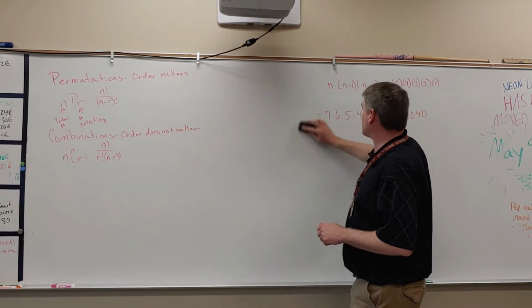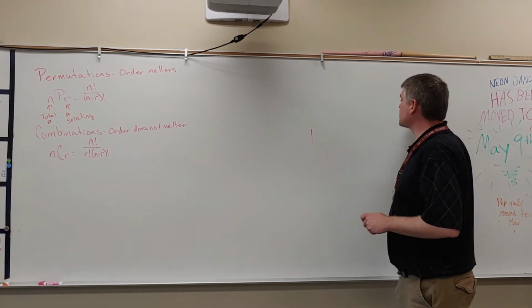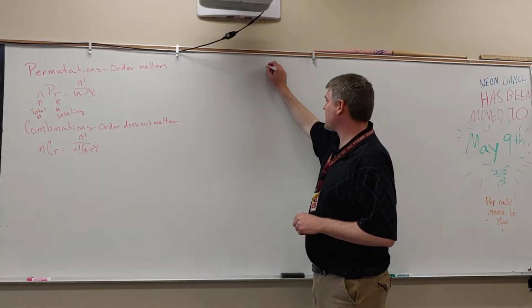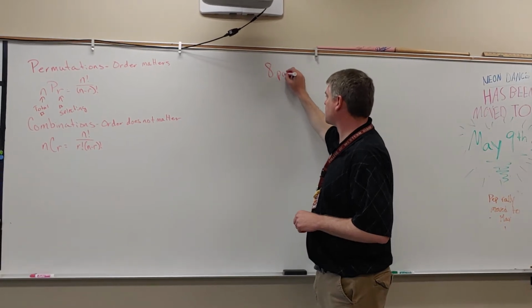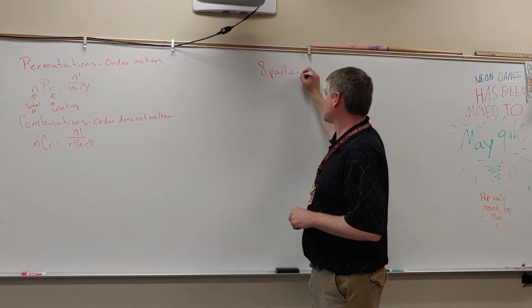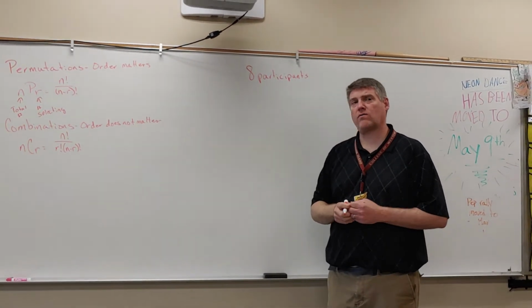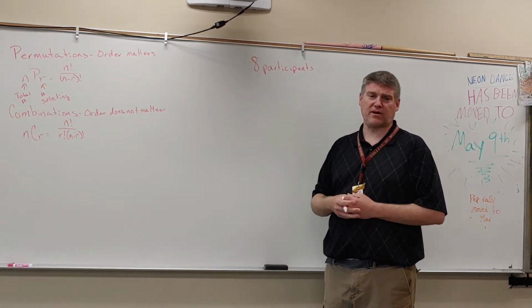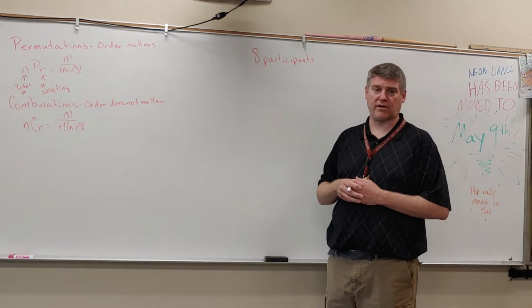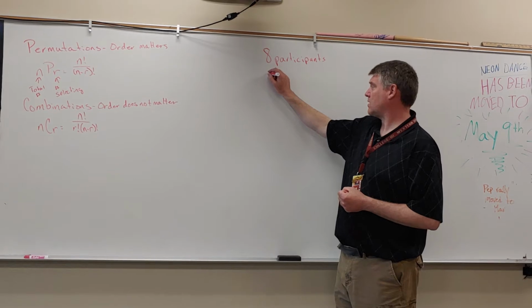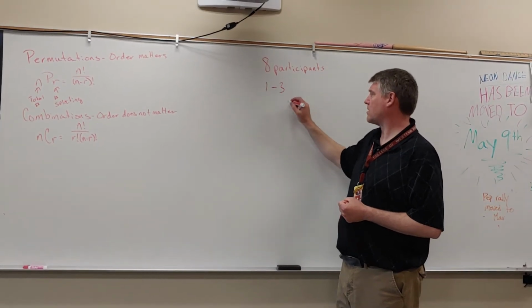If we were looking at a race, and let's say we have 8 participants, and we want to know how many different orders there are for first, second, and third, first through third placement.